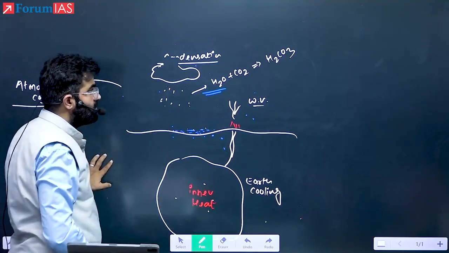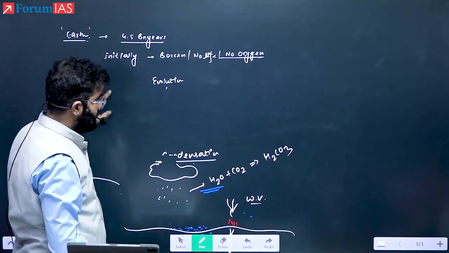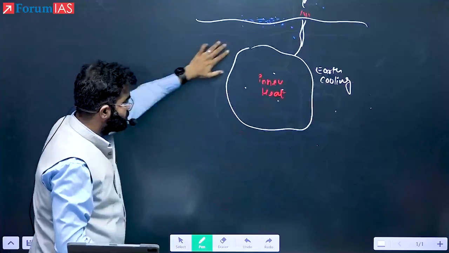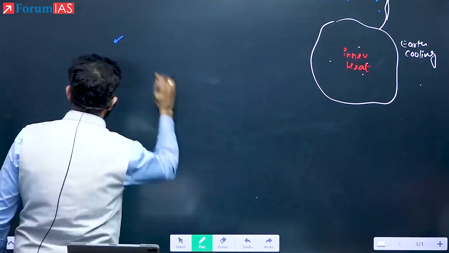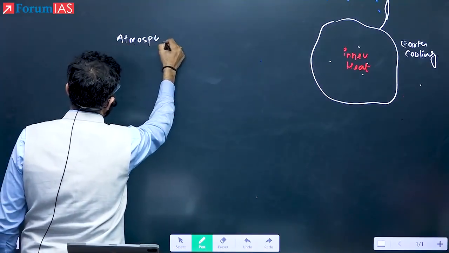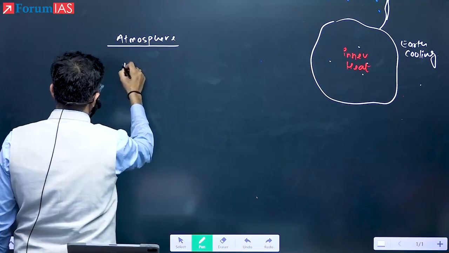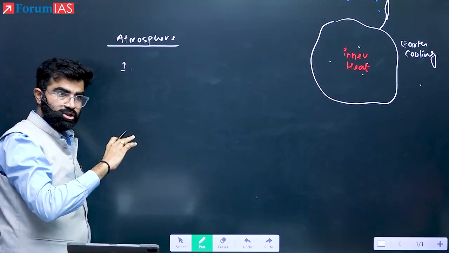And in that way, if I come back to the atmosphere, the three things we were learning now, see here. The evolution of atmosphere, that is the second one. The evolution of atmosphere happened in three processes. Number one, we have already learned, what was that? Solar stripping, the stripping caused by solar winds.